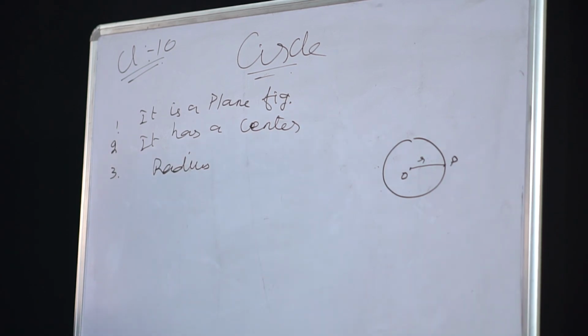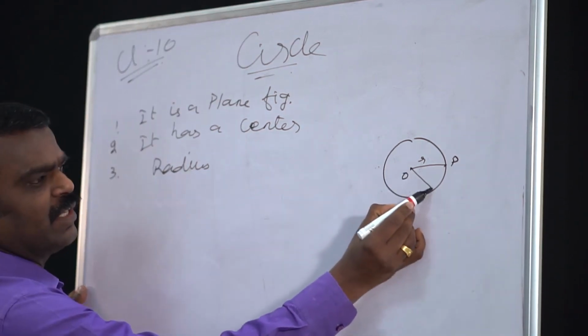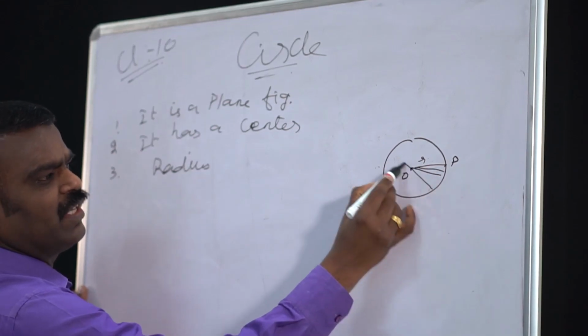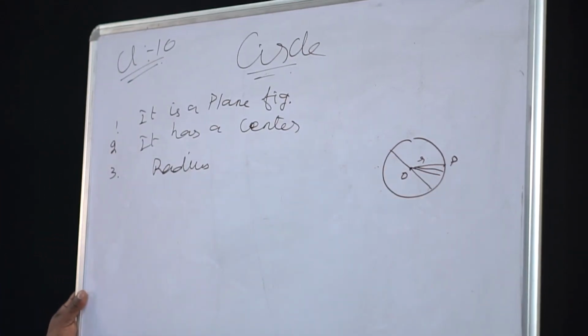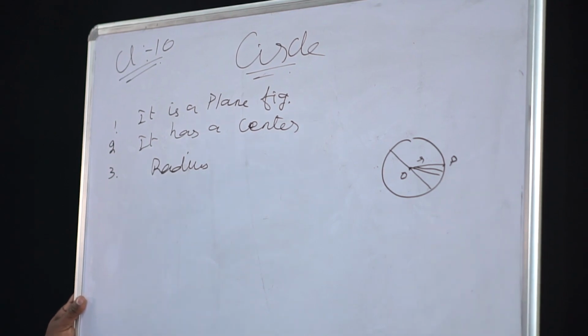Radius. So, how many radii can you draw? Millions. Here also one, here also one, here also one. There are millions of radii that can be drawn in a circle. Yes or no?